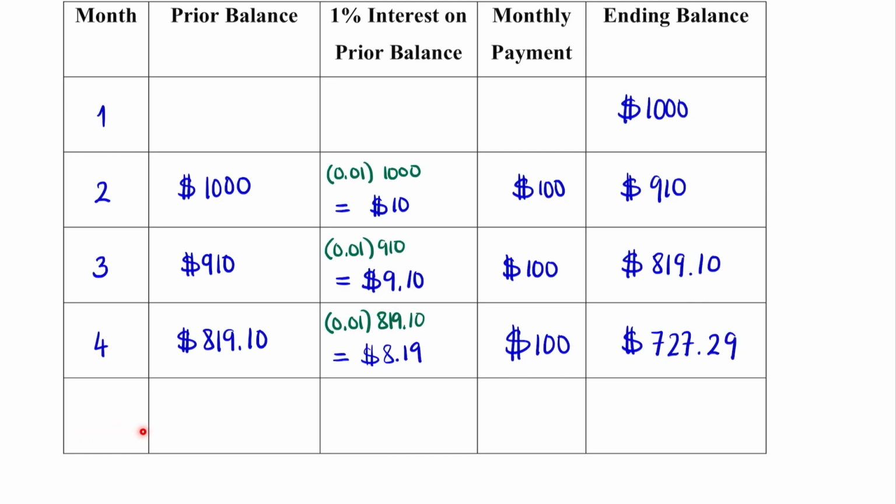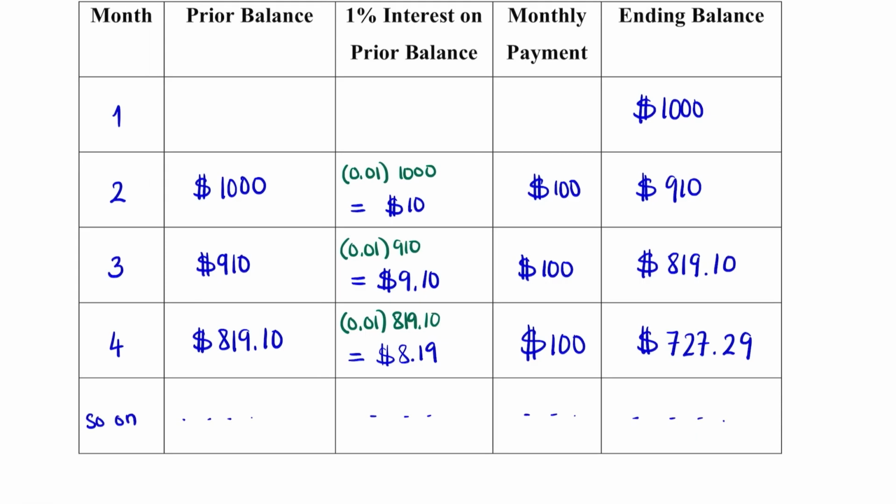And we'll keep doing this until the ending balance is 0. So this table only shows us the first 4 months. But if you keep making the monthly payment, your ending balance will end up at 0. In the next page, we are going to learn how to use the loan formula in order to calculate something like this.